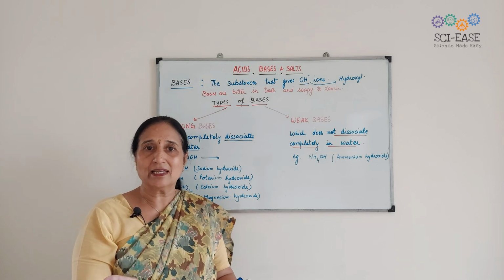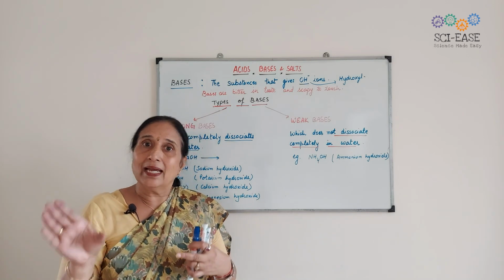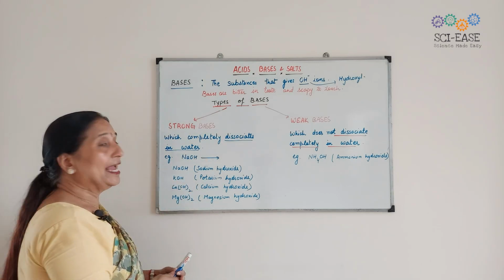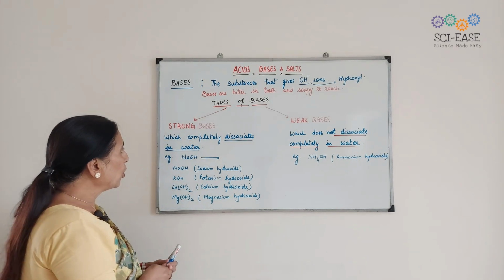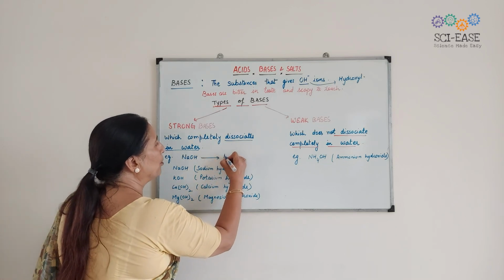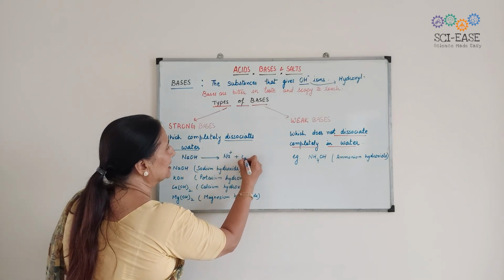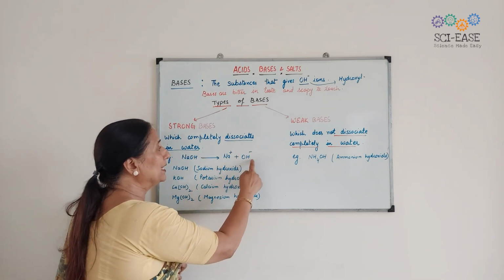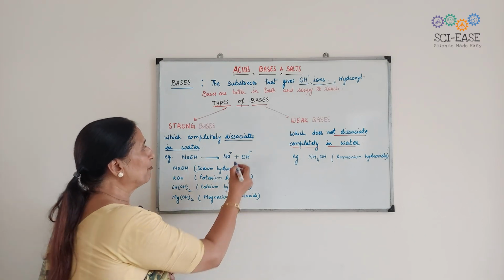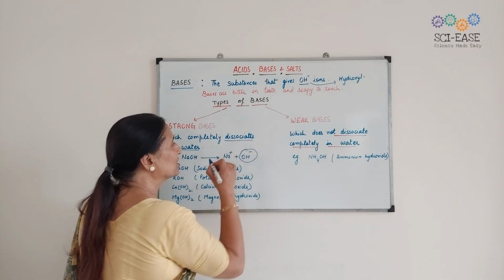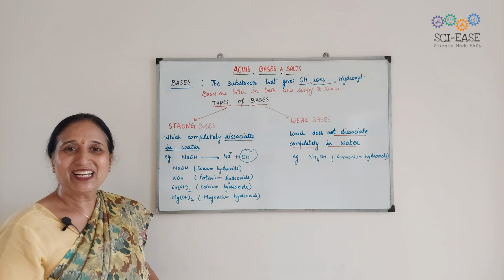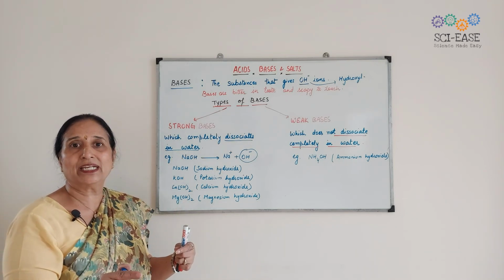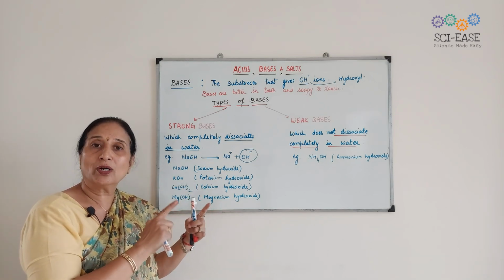It's a strong base and often used in the lab. Formula NaOH. When it is dissolved in water, this will form positive as well as negative ions: positive sodium ions, Na positive, and OH negative ion. Because it forms OH negative ion, that is why it is known as a base. When the base gets completely dissociated, then this is a strong base.